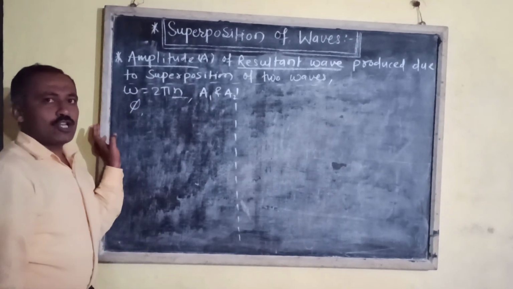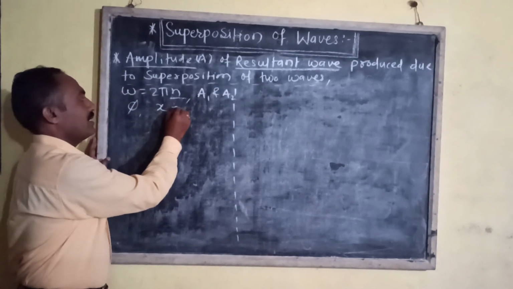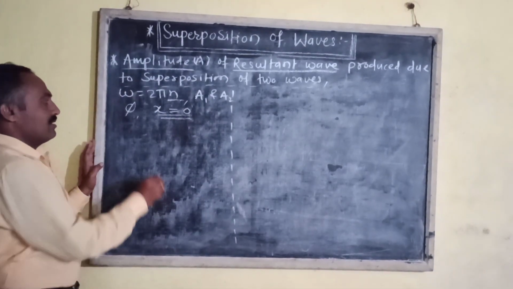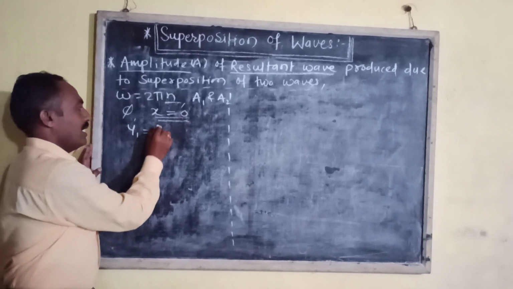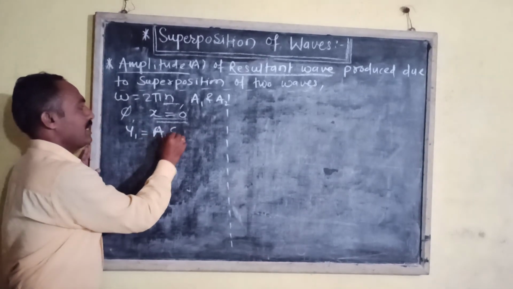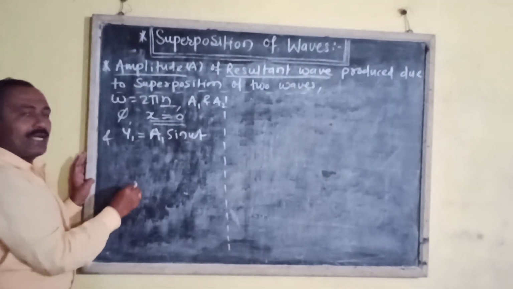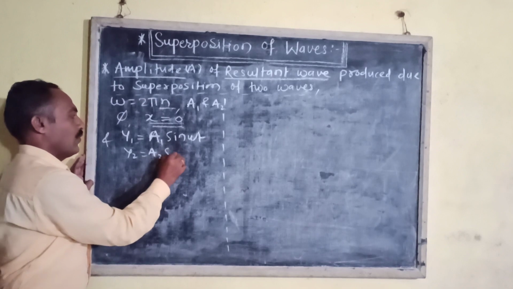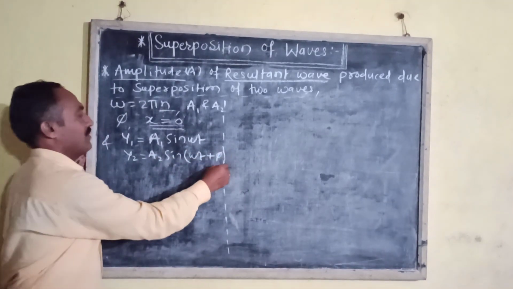Now the equations of the two waves at x equal to 0 can be written as y1 is equal to a1 sin omega t and y2 is equal to a2 sin of omega t plus phi.